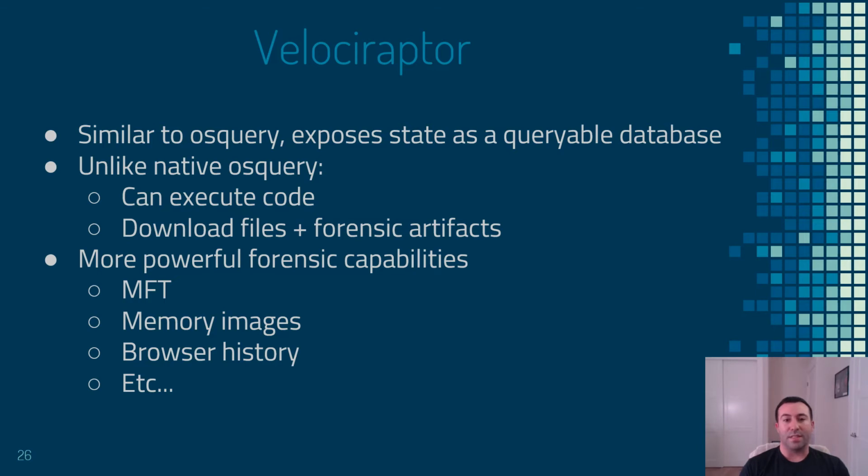However, some of the biggest differences between Velociraptor and OSQuery is that Velociraptor can execute code on systems and has very powerful built-in forensics capabilities, such as the ability to parse the MFT, pull memory, do file system timelining, etc. I don't even think I'm scratching the surface of what's possible with Velociraptor on this slide, but I've been really impressed with it, and I encourage you to check out their GitHub page and website.